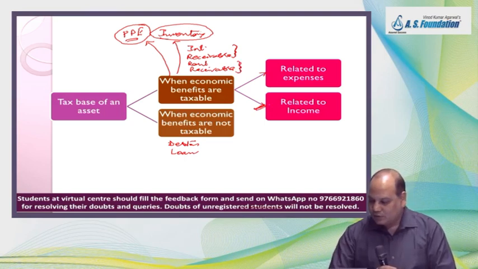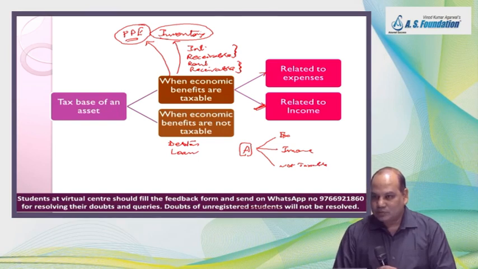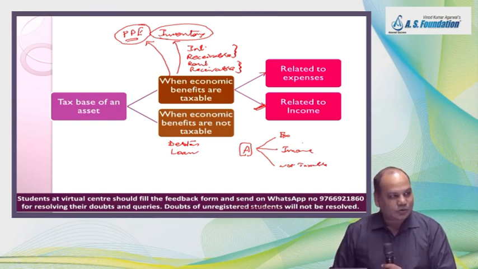So what I'll do, if I get an asset, I will first identify whether it relates to an expense item, income item, or a not taxable item. That much we can do. And after that, I'm going to tell you how to get the tax base in these three situations.